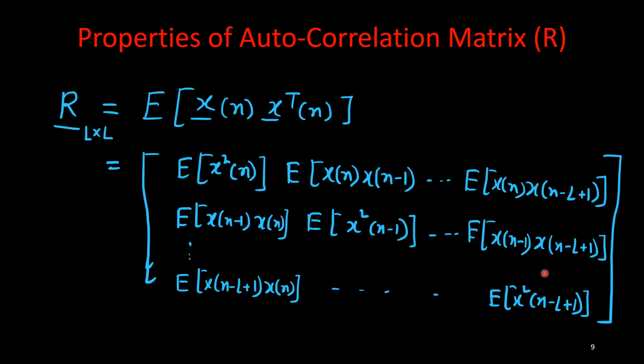In this way, the last element of the matrix will become the expected value of x square n minus L plus 1. So this is your autocorrelation matrix.